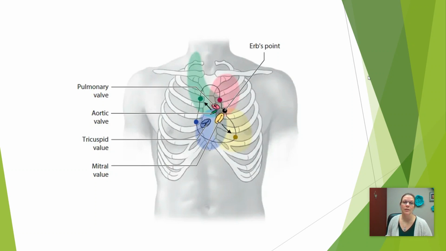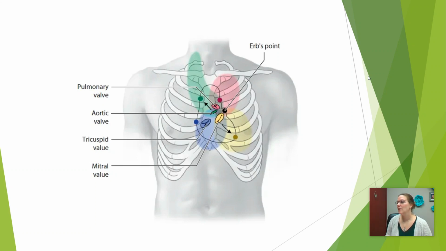I've done it multiple times where I'm listening at one spot and it's really kind of difficult to auscultate, and I'm not certain if what I'm hearing is very clear. So I might slide my stethoscope around a little bit and take my time listening. There is no good reason to be too fast for a proper cardiac assessment.